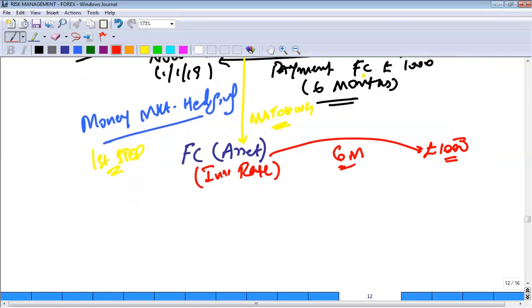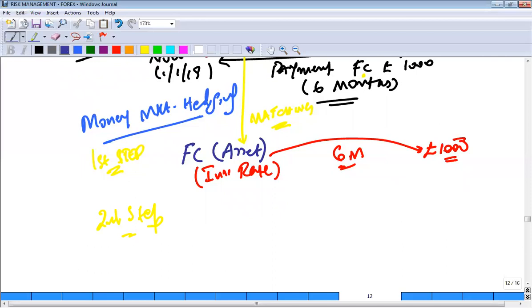Number one. But the second step is that whenever we have arranged the foreign currency asset, for example, it becomes 990 sterling.